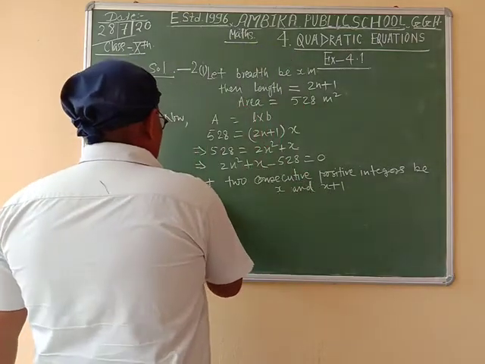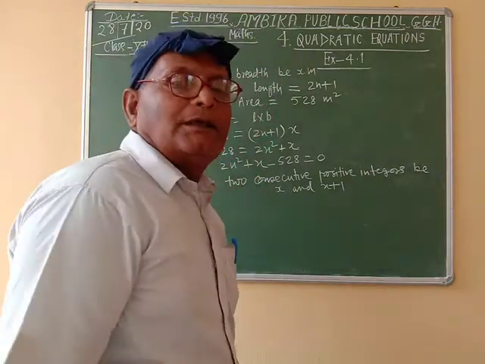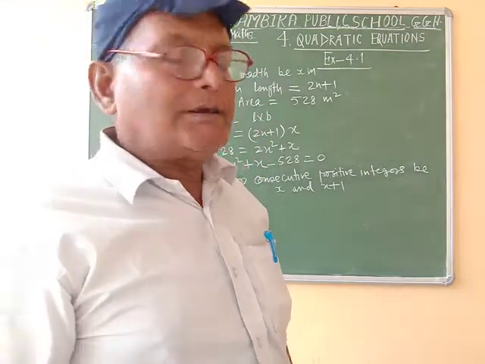According to question, the product of two consecutive positive integers is equal to 306.